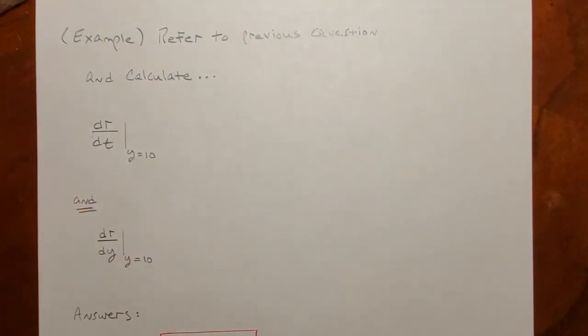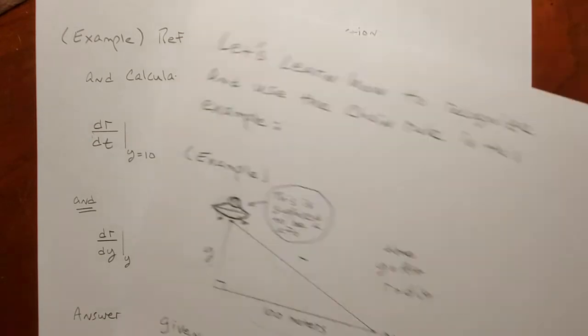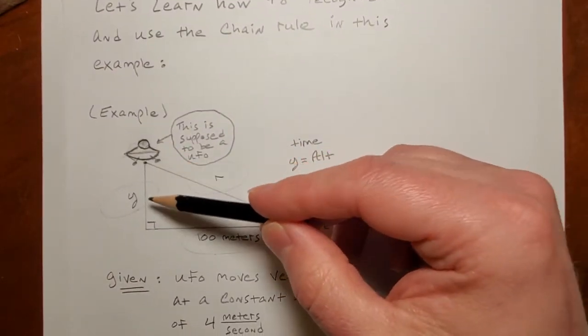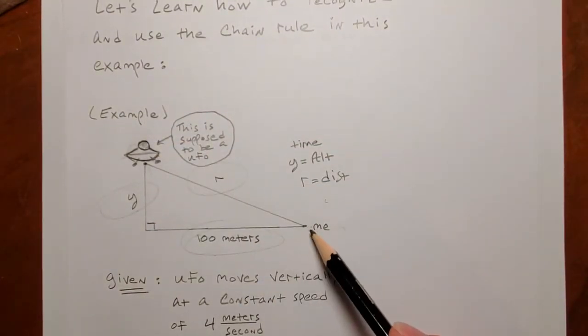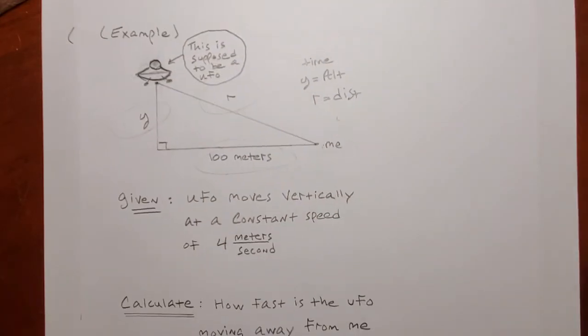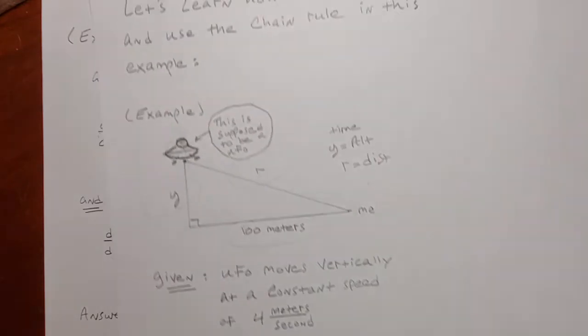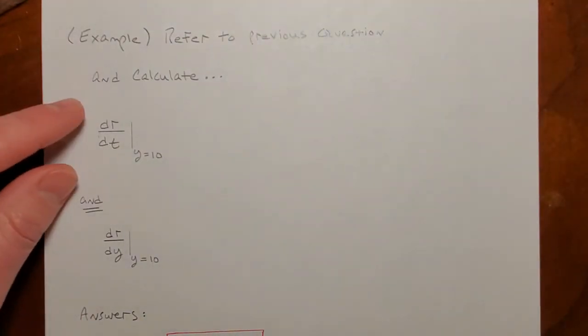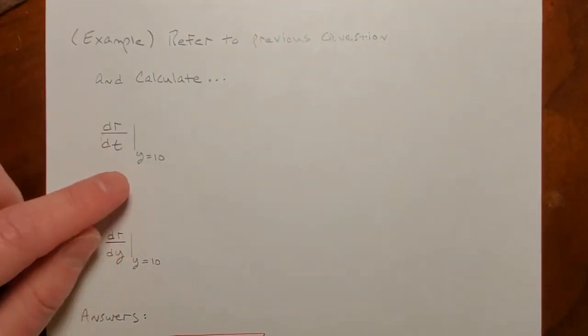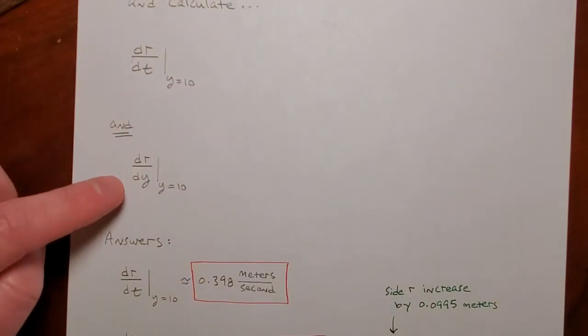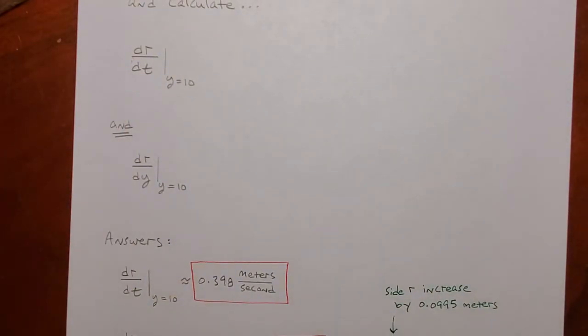Could you, with respect to that situation that was in the last problem with the UFO going vertically upwards from me, where I stand 100 meters away, the UFO travels vertically at a constant speed of 4 meters per second, that situation, can you find dr dt when y is 10 and dr over dy when y is 10?